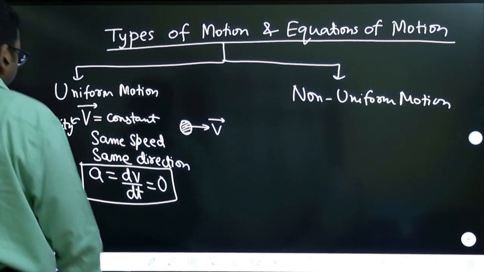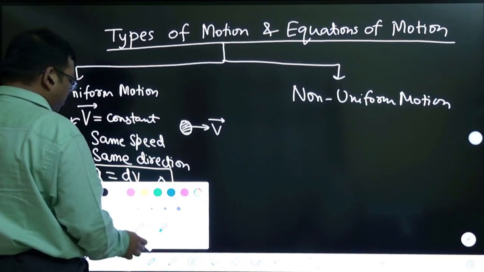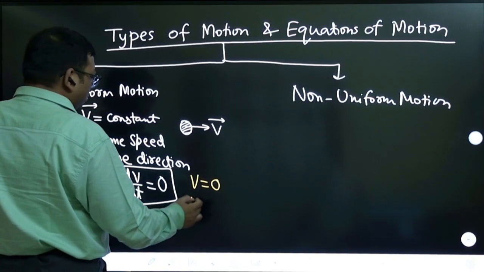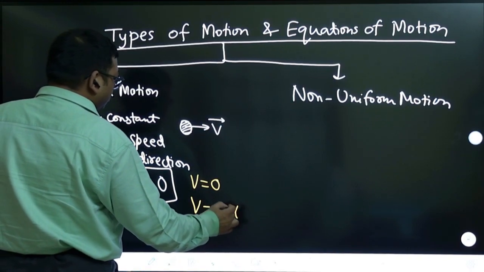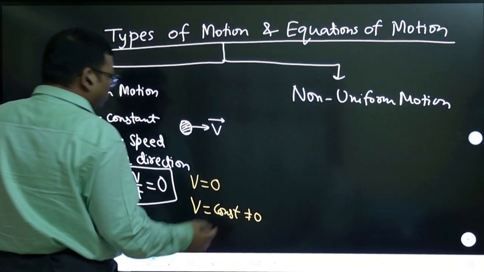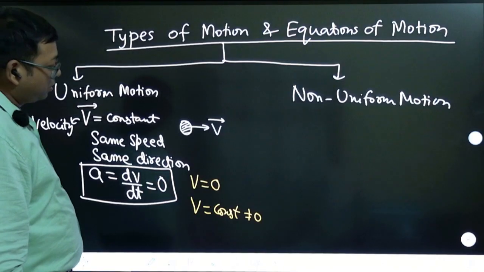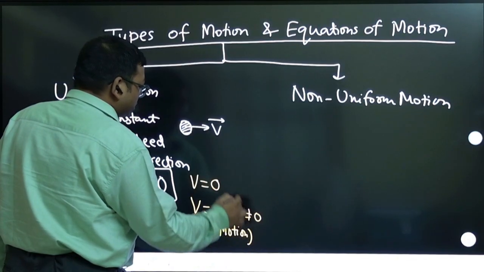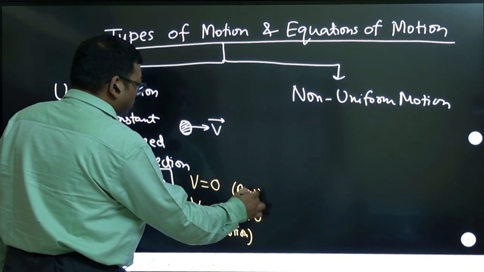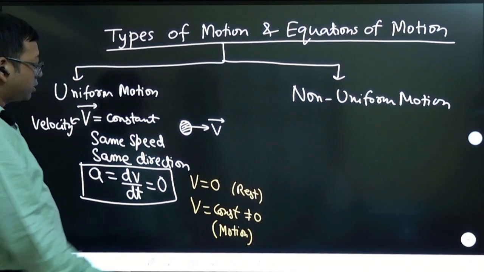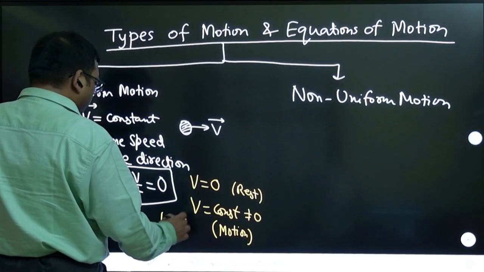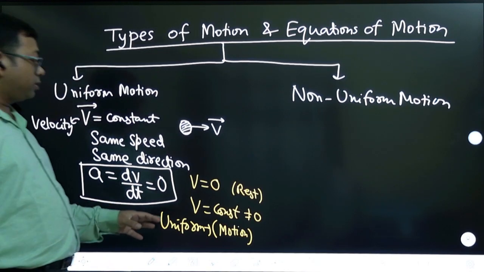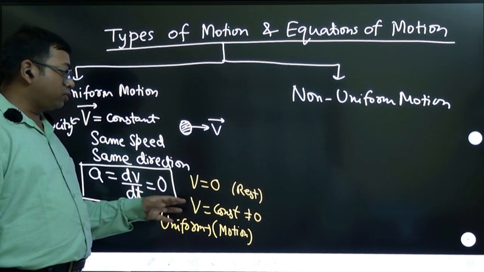But note that acceleration 0 may mean velocity constant, but sometimes velocity can also be 0, because 0 is also a constant. Or it can be some other constant other than 0, constant but not equal to 0, for example, 2 meter per second. That is motion, of course, and this is rest. So velocity constant means uniform motion, and velocity 0 means rest.